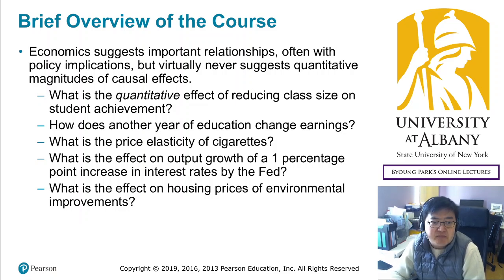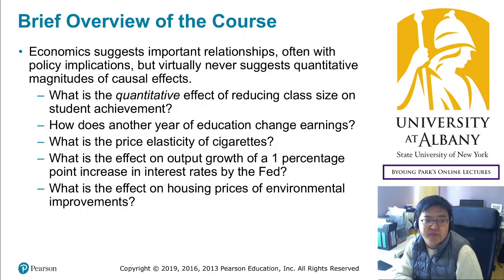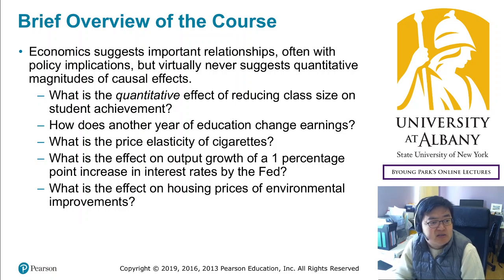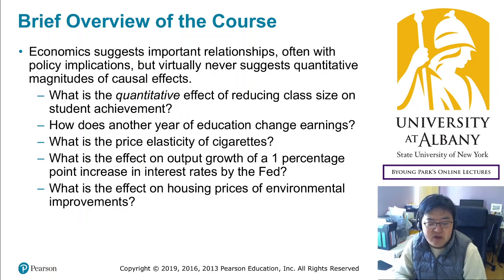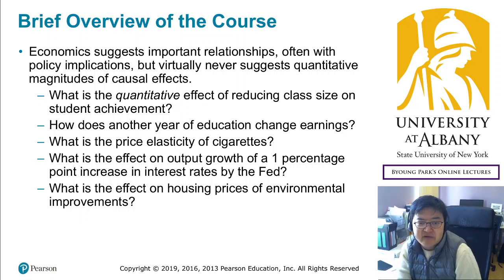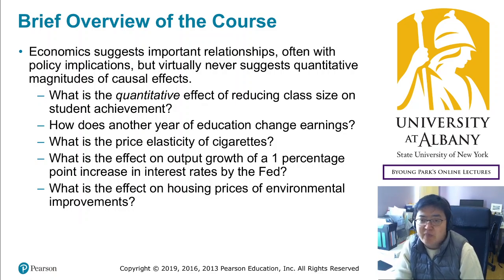So here are examples, and these examples will appear again later to explain the statistical methods. First, what is the quantitative effect of reducing class size on student achievement? Everyone knows that if you learn in a very small class, then you will do better.